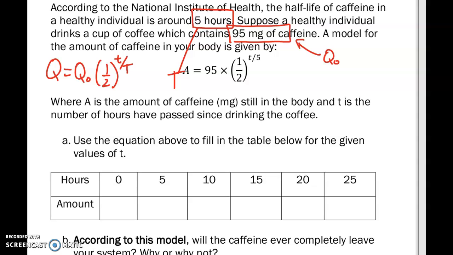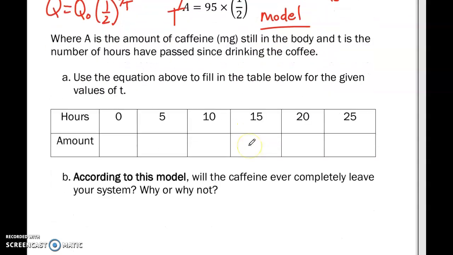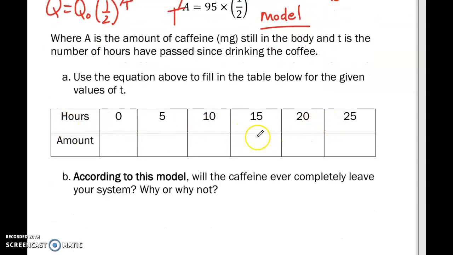So that's all they've done so far. So this is the model. So when it asks you for a model, and you'll see that coming up in chapter 9, that's what you're looking to get. Now it says, well, fill in this using that model.